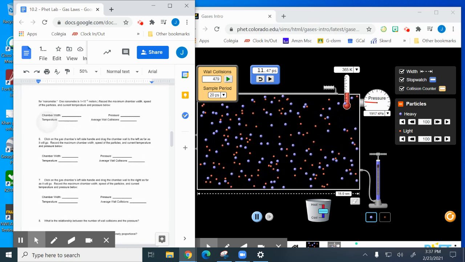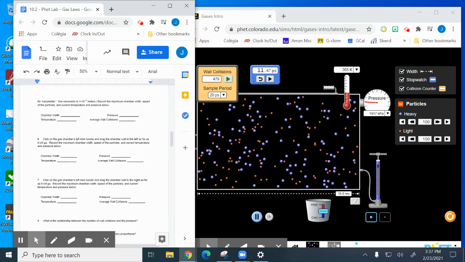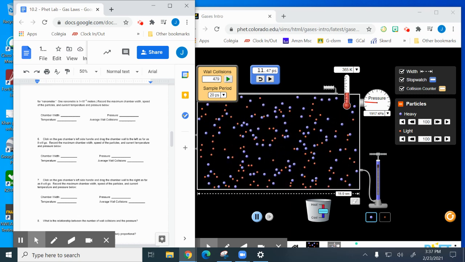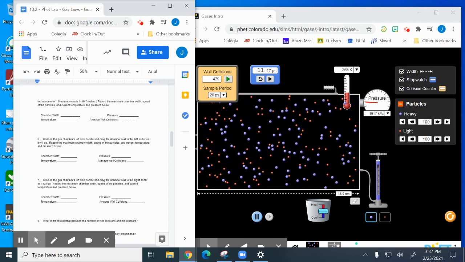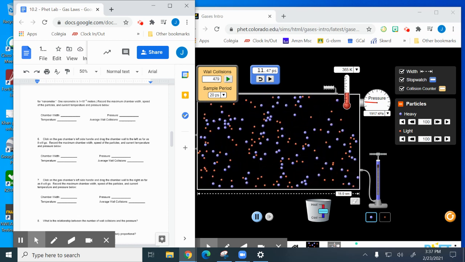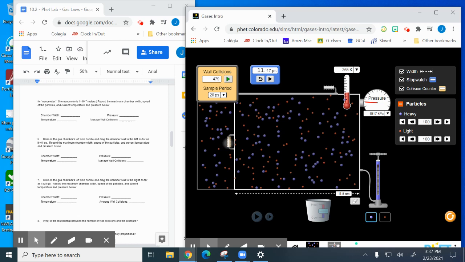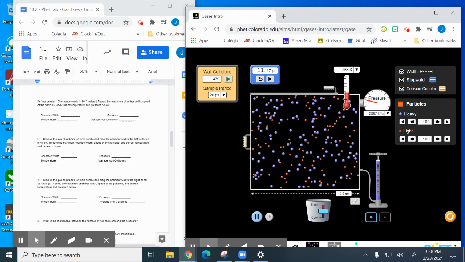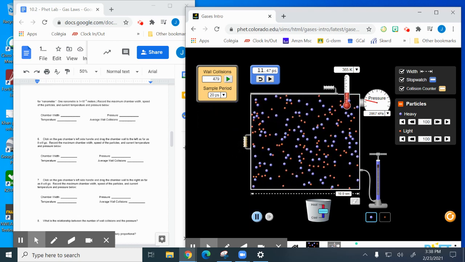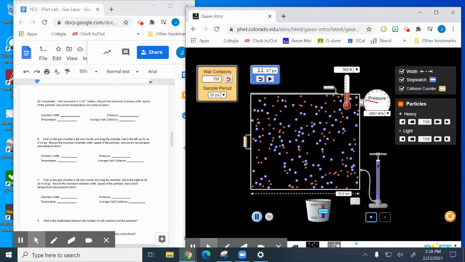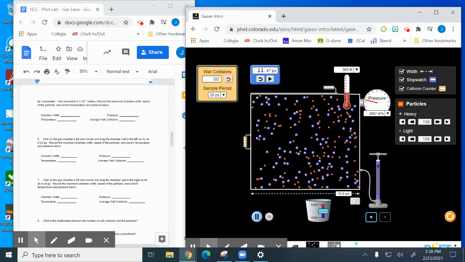So the first one, if you're following along with me, is with a width of 15 nanometers, and then we're going to slide it in to 10 nanometers, which was the original one, and see what happens. Notice that the pressure just popped up. Now let's check the average wall collisions.